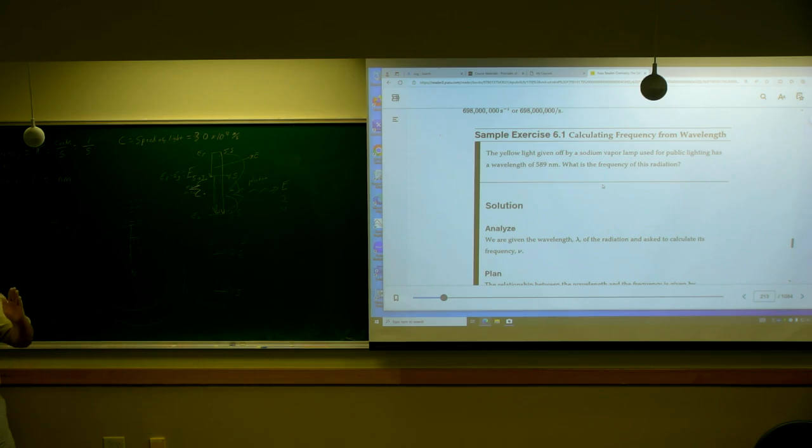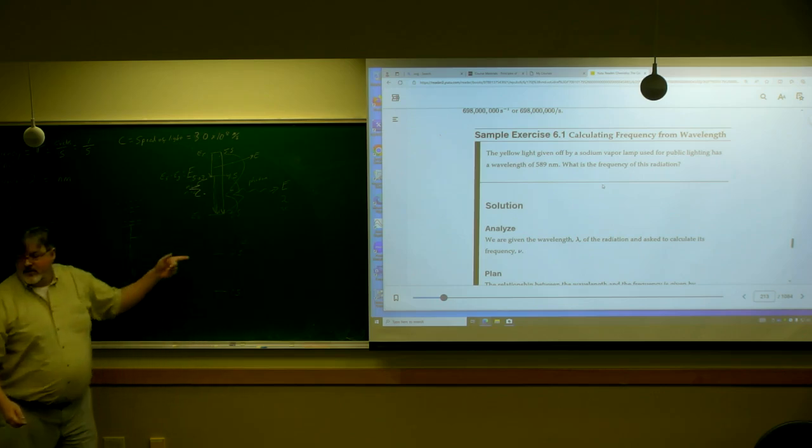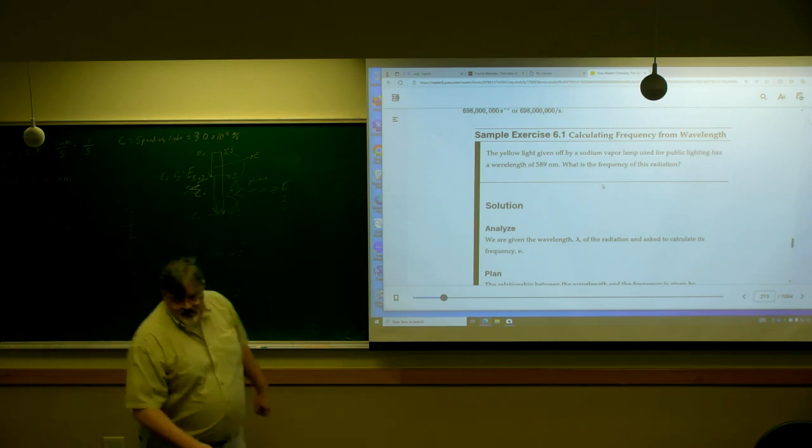There's just a handful of very specific frequencies that you'll see come out. You see what I'm saying? This is kind of the heart of spectroscopy. Why you can identify specific atoms or specific molecules by the light that comes out after you stimulate it with energy. Okay, so let me do the calculation.